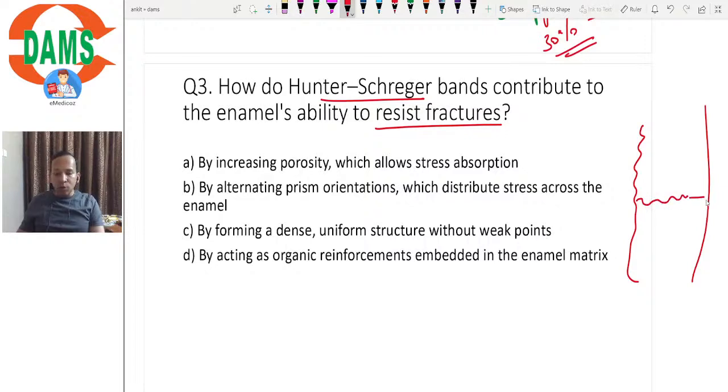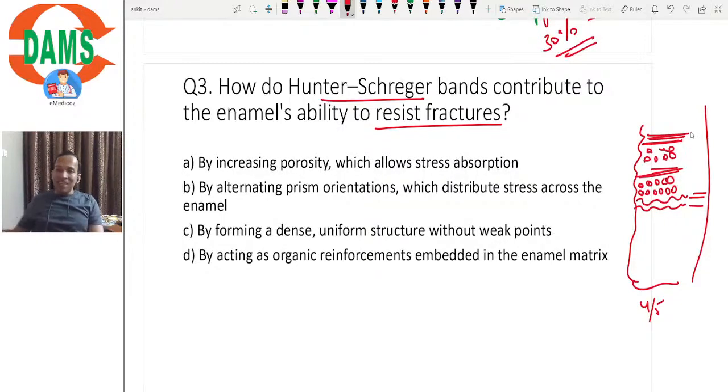But in the outermost 1/5, it's all parallel, isn't it? So what happens in the inner 4/5? Some enamel rods, when you take a section, would be sectioned transversely, some would be sectioned longitudinally, again some transversely, and then some longitudinally.